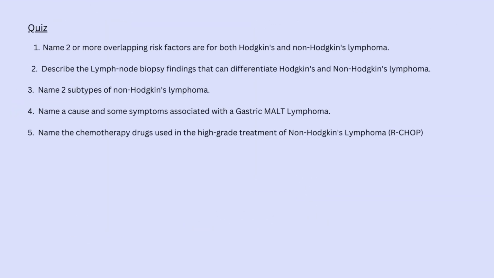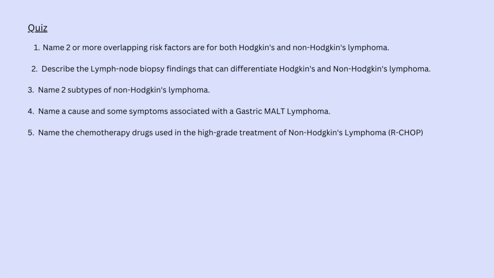Now going back to the quiz. Let's go through this. Number 1. Name 2 overlapping risk factors for both non-Hodgkin's and Hodgkin's lymphoma. So the first risk factor is the Epstein-Barr virus infection, as well as other infections such as HIV.